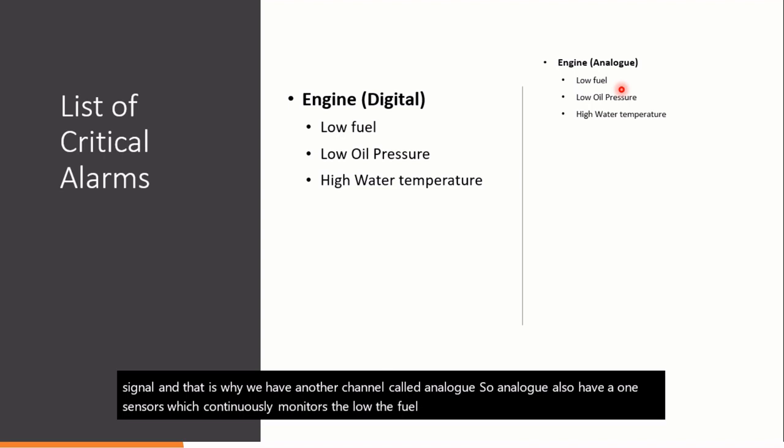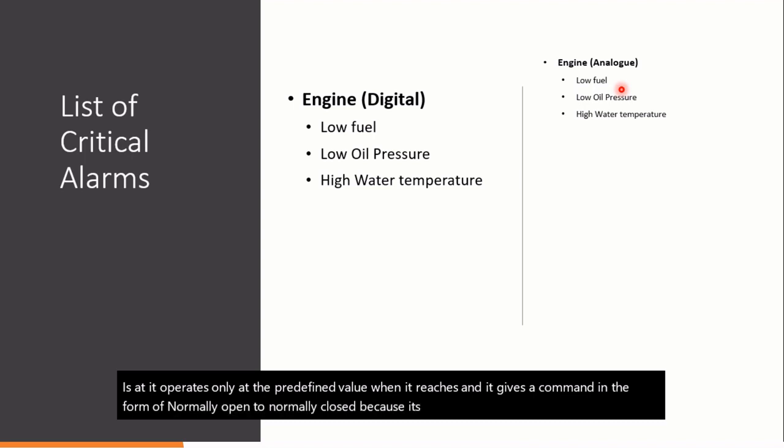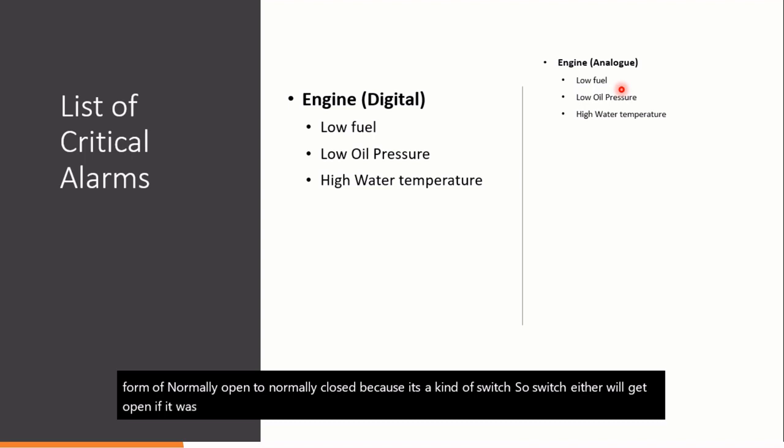Okay, there is a difference between digital and analog, because digital operates only at a predefined value. When it reaches that value, it gives a command in the form of normally open to normally closed, because it's a kind of switch. So the switch either will open if it was closed earlier, or it will close if it was open earlier. So basically it's a switch.